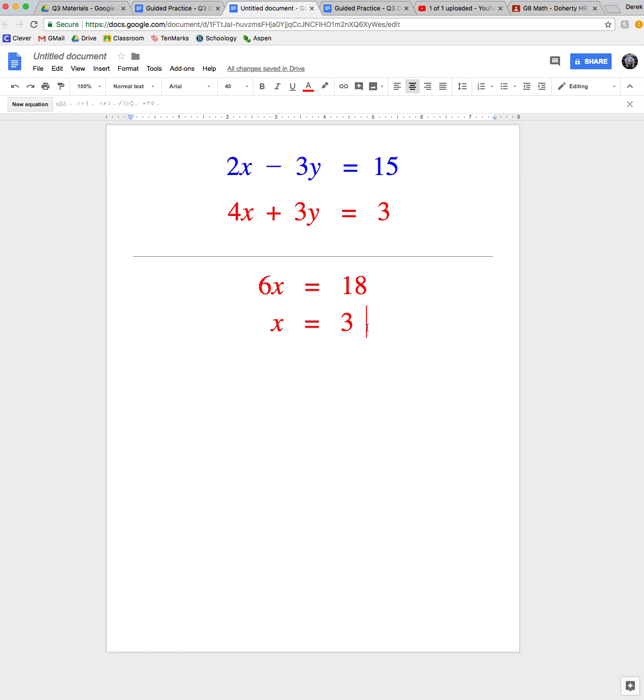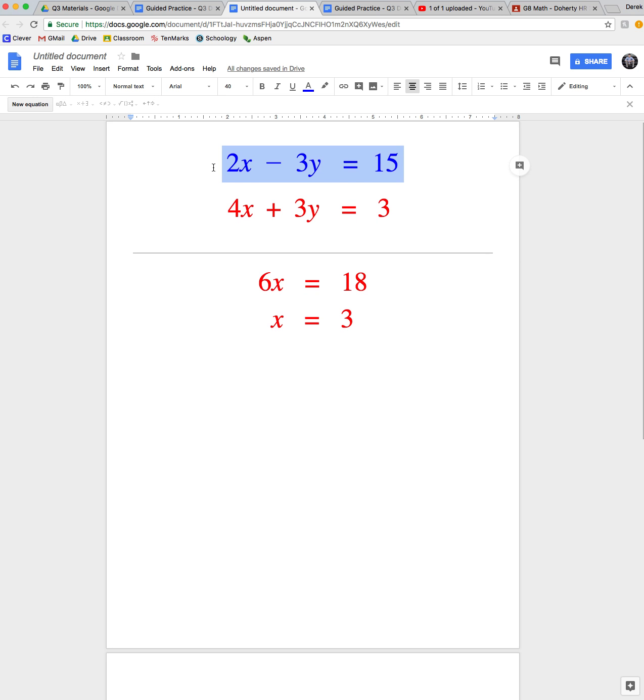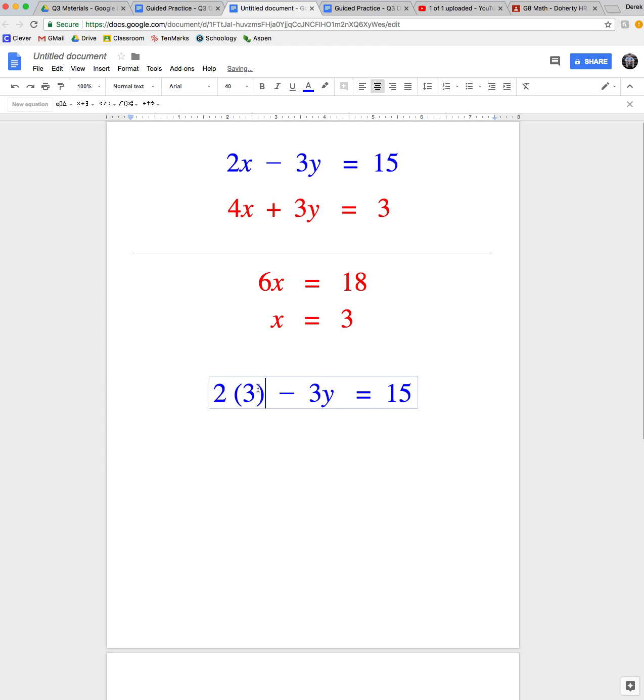Once I know that x is equal to 3, I can then use that information, plug it into either equation that we started with, and figure out what the y needs to be. So if I take this first blue equation, 2x minus 3y equals 15, and I replace the x with 3, I now have an equation that could be solved for y. 2 times 3 provides us with 6 minus 3y equal to 15.